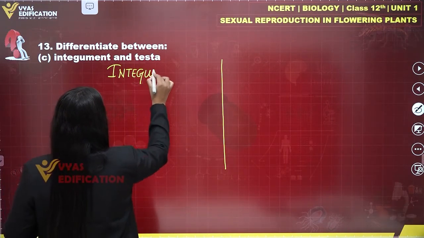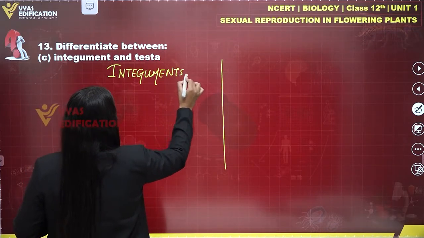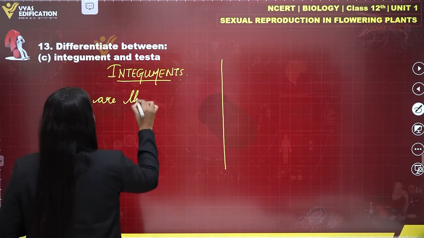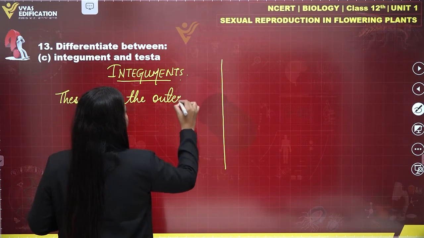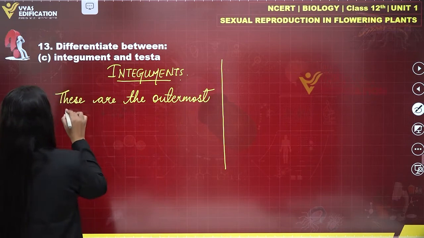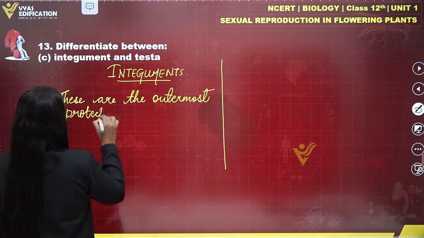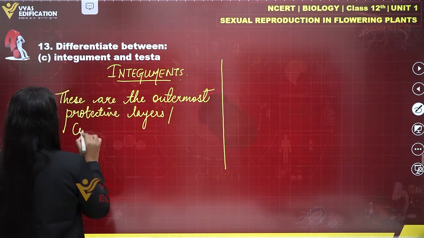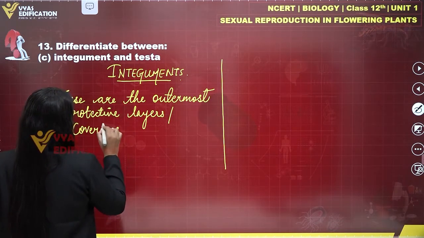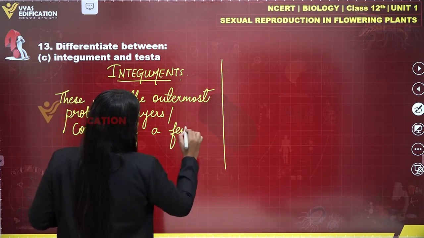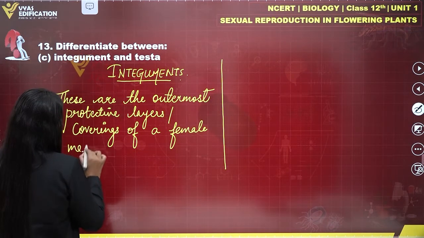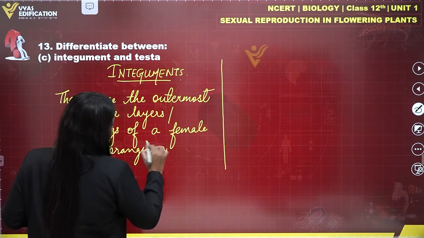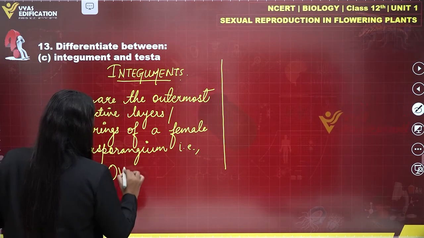integuments. Now what are integuments? These are the outermost protective layers or coverings of a female megasporangium, that is ovule.